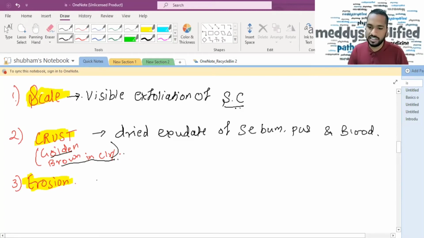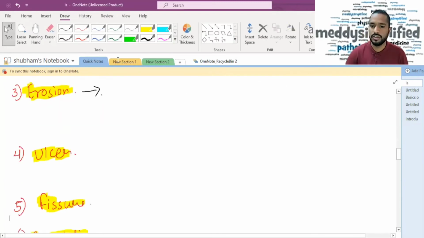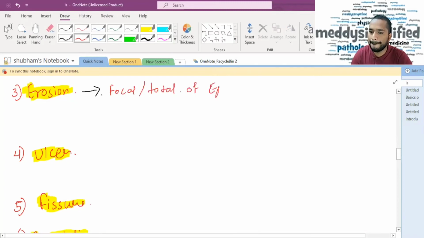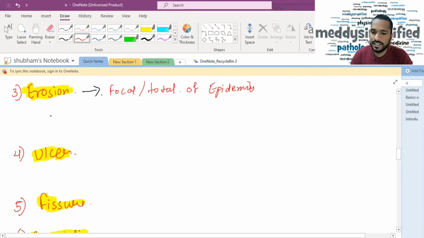Now next is erosion. Now erosion and ulcer are two things which we should learn together. So erosion and ulcer. So what is erosion? Erosion is focal or total loss of epidermis. All right. So what happens when there is an erosion?